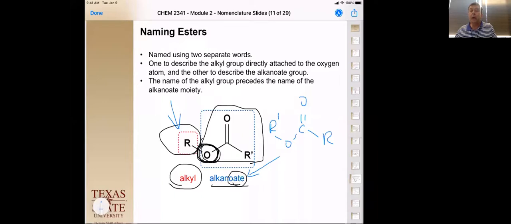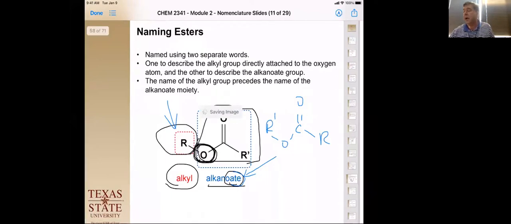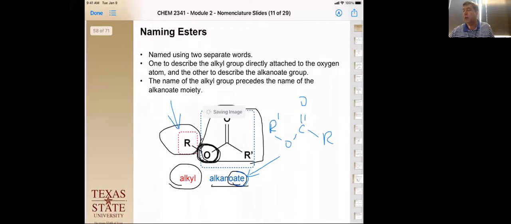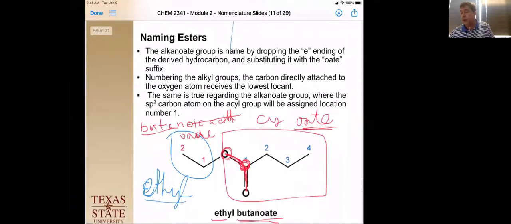Now, for our carboxylic acid, we have to count the total number of carbons in that carboxylic acid. If it was 6, it would be hexanoic acid, but we drop the -oic acid and add the word -oate. And so that tells us that we have an ester with whatever alkyl group attached to the oxygen of that carbonyl compound, or that carboxylic acid derivative. Okay, so that is the way to name our esters.